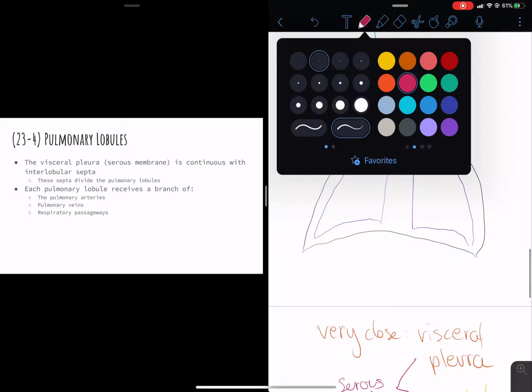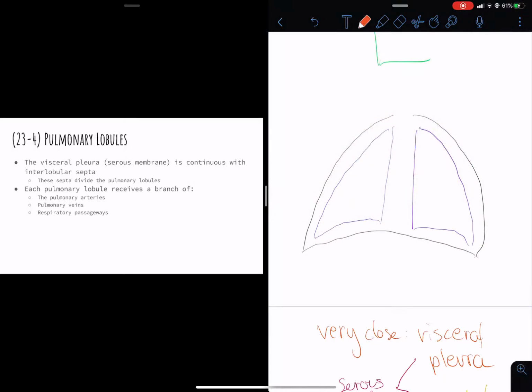So let's go ahead and draw this. That visceral pleura is going to be directly adhered to that lung, as close as I can draw. And honestly, you can't even see this with the naked eye, even on the cadavers. Then you have that parietal pleura, which is going to be attaching directly to the thoracic cage, directly to those ribs and muscles.